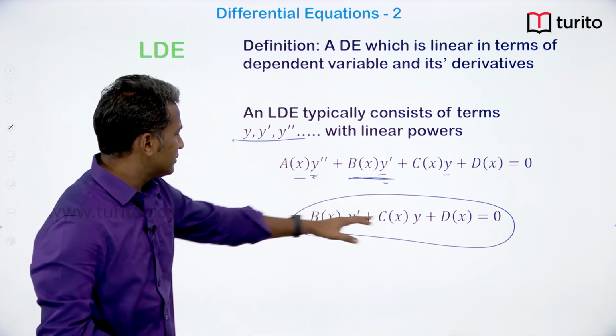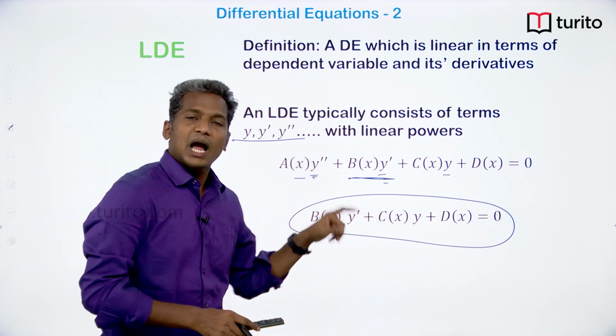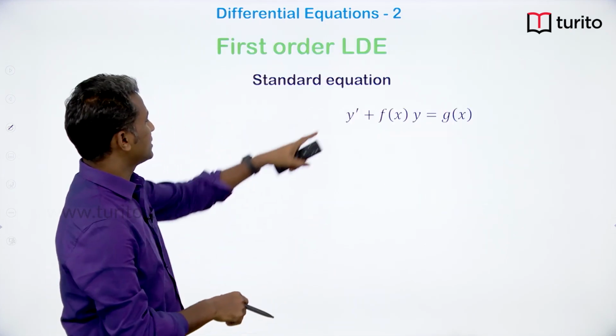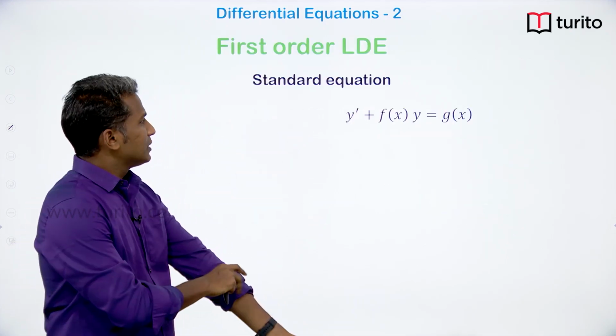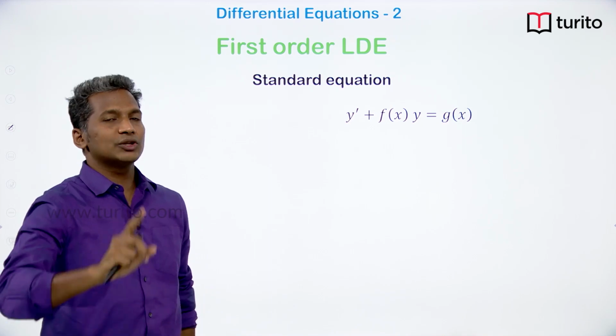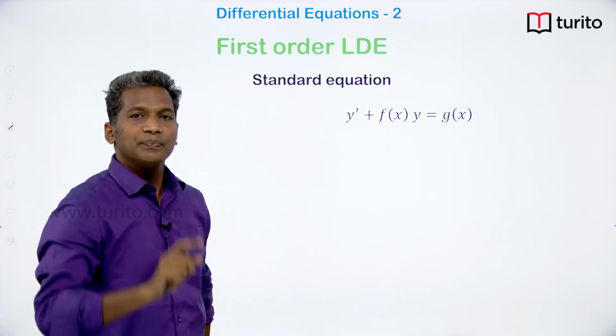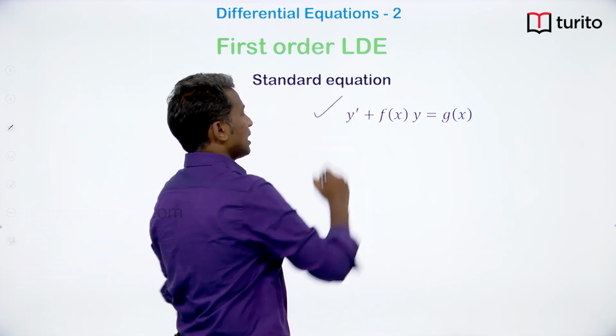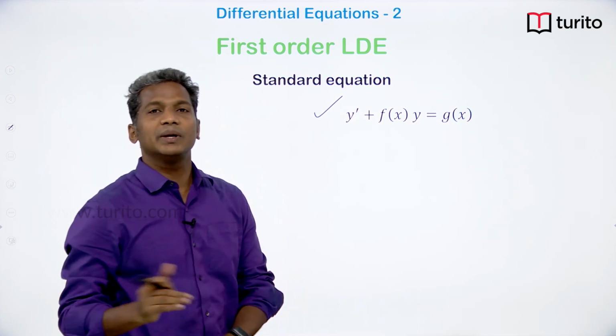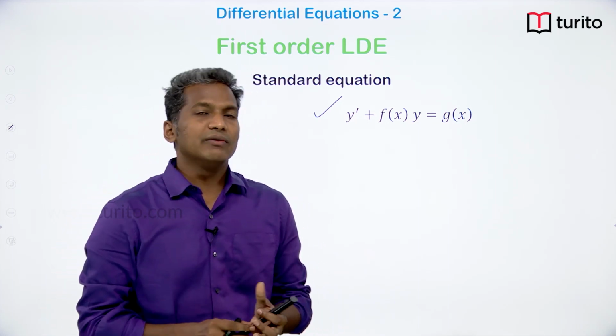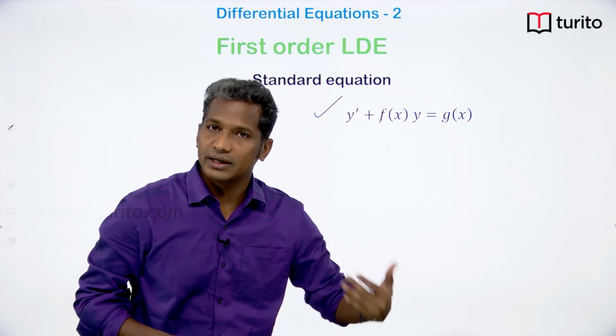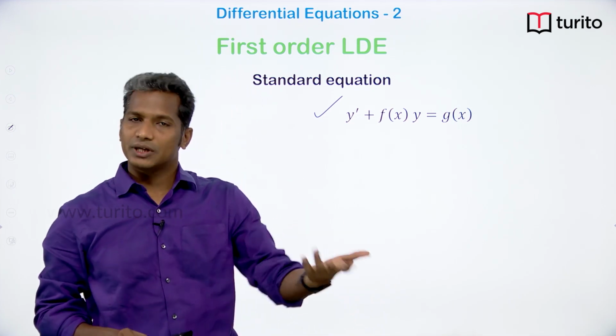We divide this equation by b of x and write the standard form, which is basically this form. Our standard first order linear differential equation must be of this type only. Otherwise, our methods will not work. Even if the equation is not in standard form, we will convert it into standard form.